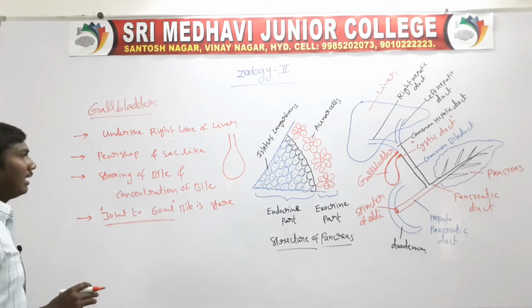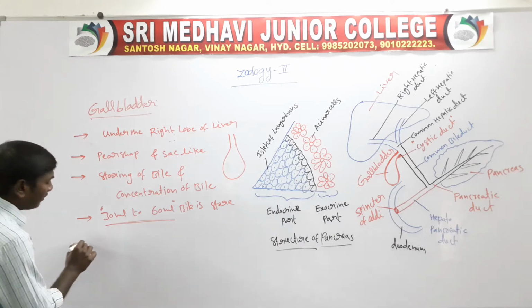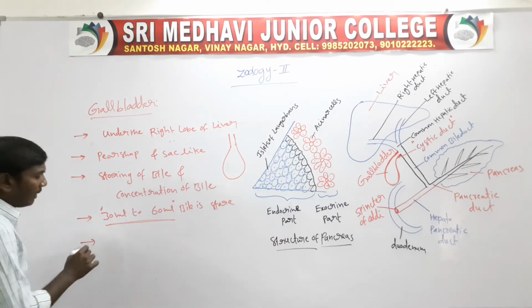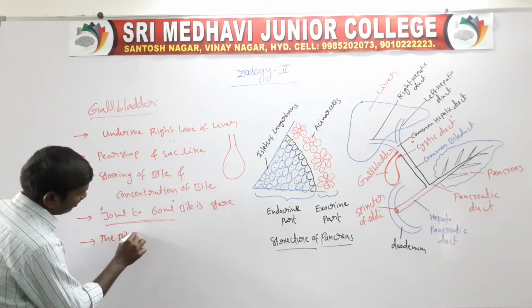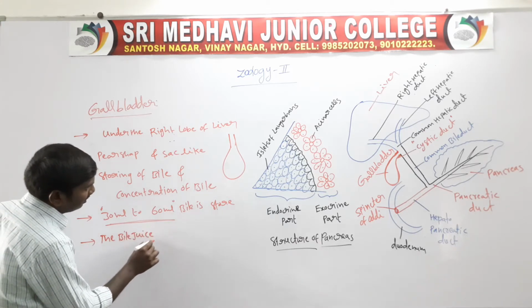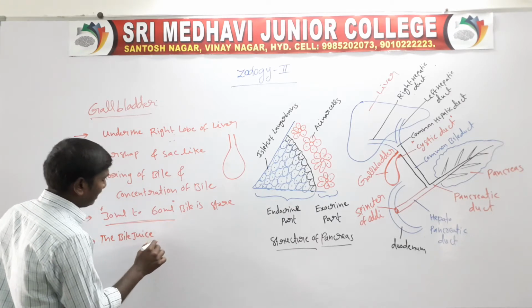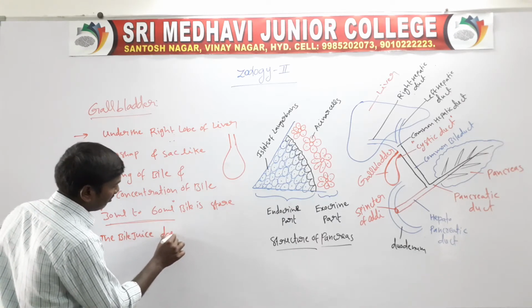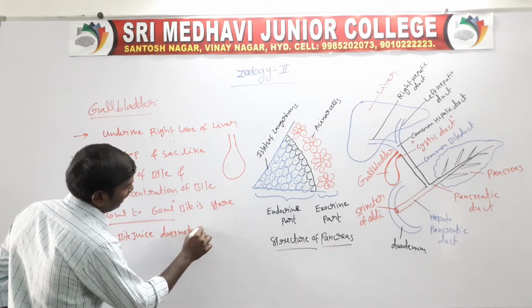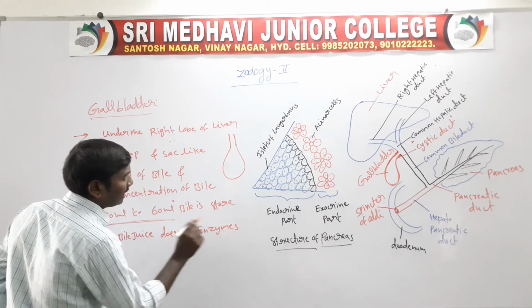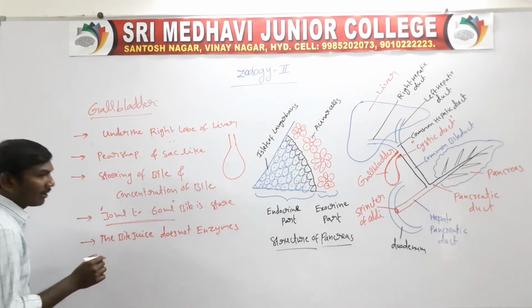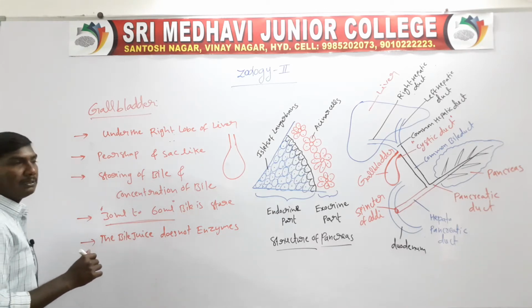Next one, the gallbladder stores the bile juice. The bile juice does not contain enzymes, but it contains bile salts and bile pigments.